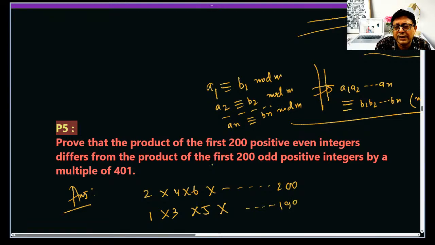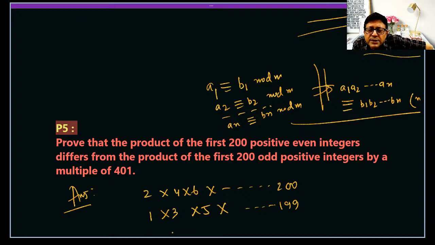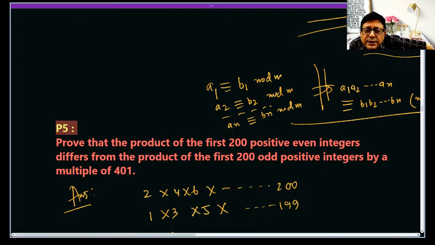Up to 199. Am I clear? 2, 4, 6 this way 100 numbers are there, and 1, 3, 5, 199, 100 numbers are there. Isn't it? Check once. I have written all or not. Please verify it. 2, 4, 6.